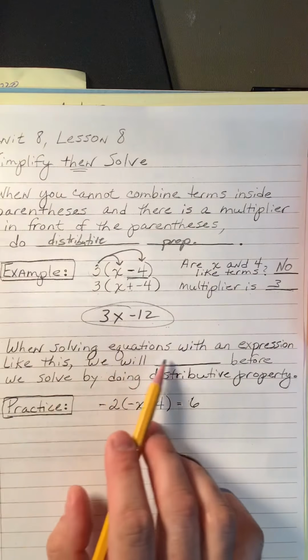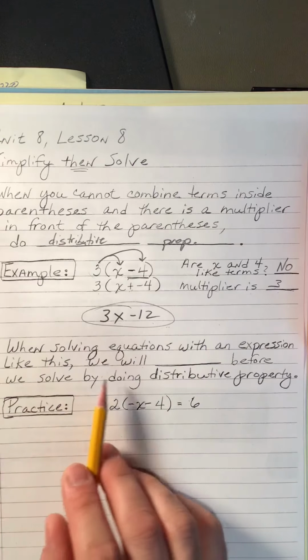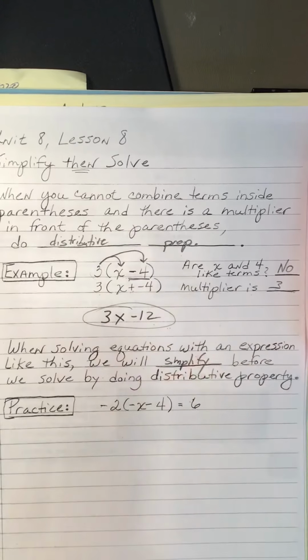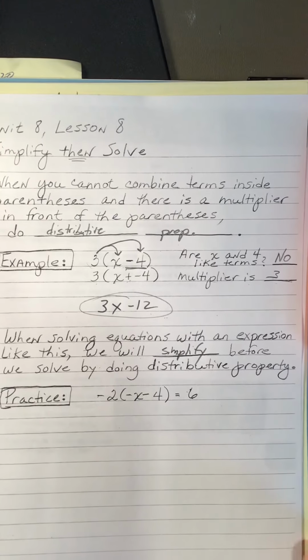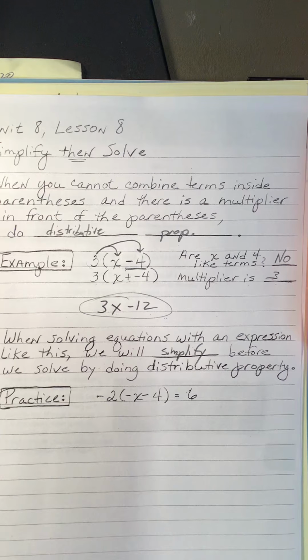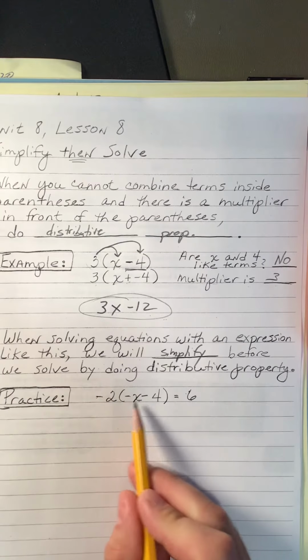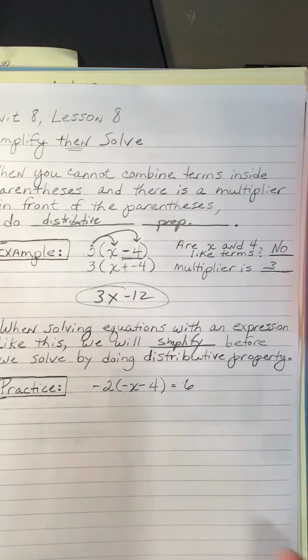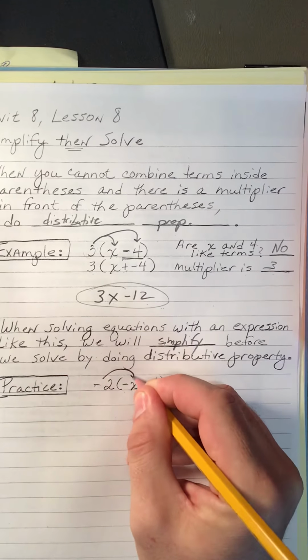When solving equations with an expression like this, we will simplify before we solve by using distributive property. So we're going to do the exact same thing that we just did. These two are not like terms, so I cannot combine the things in the parentheses. So I need to take negative 2 times negative x.